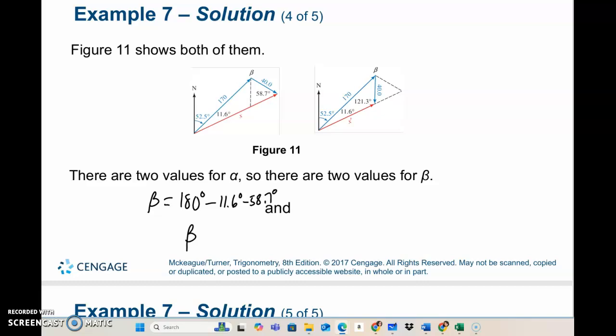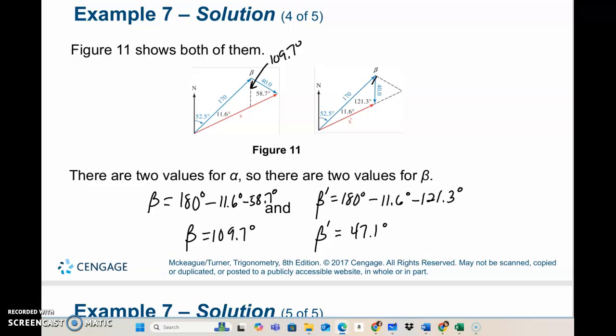Putting this in my calculator, I get beta is equal to 109.7 degrees. So in this triangle here, this is 109.7 degrees. For this triangle, where alpha is obtuse, I'll call it beta prime, and that would be 180 minus 11.6 degrees, and subtract 121.3 degrees from that, and that will give us our alternate, which, if we're using this triangle, would be 47.1 degrees.